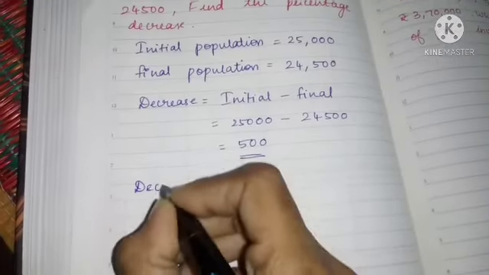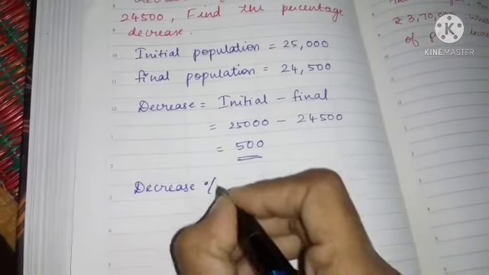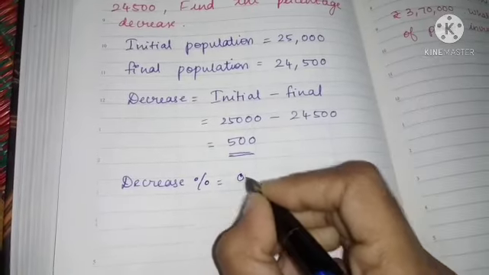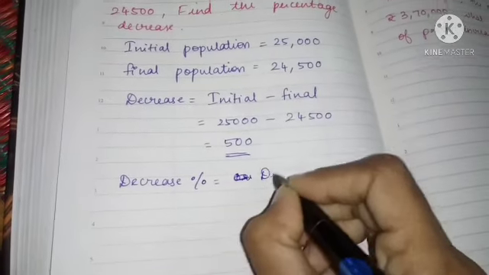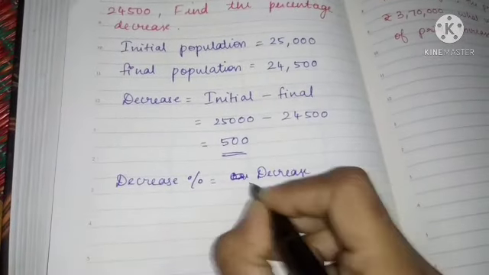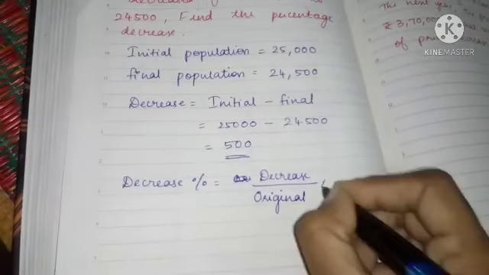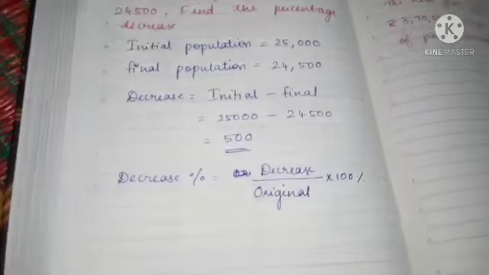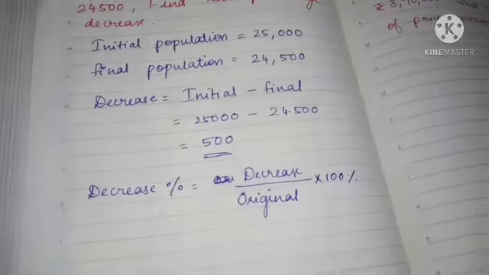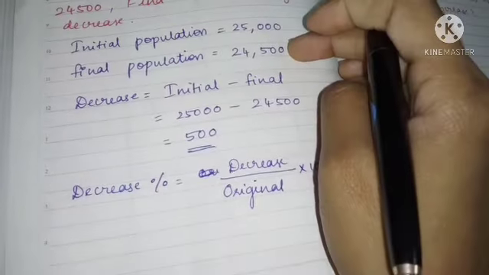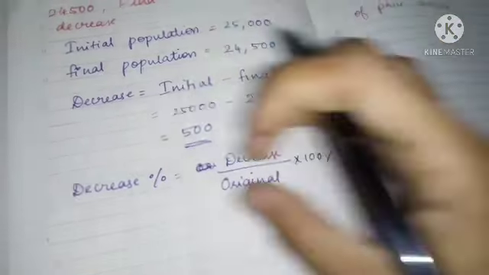So decrease percentage is equal to decrease amount divided by original into 100 percentage. Do you remember this? Difference of these two divided by original amount.